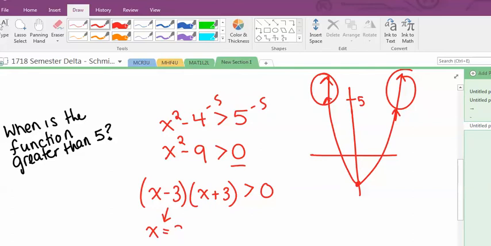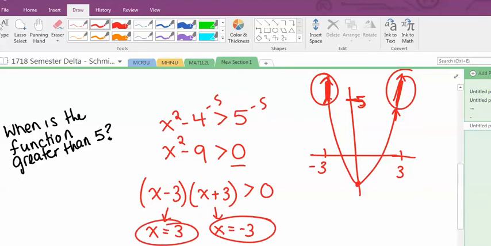I find x is equal to 3 and x is equal to negative 3. So I know that's when my function is going to be greater than 5. At negative 3 and 3, my function is going to be 5 or more. So at those two values, f of x will be greater than 5.